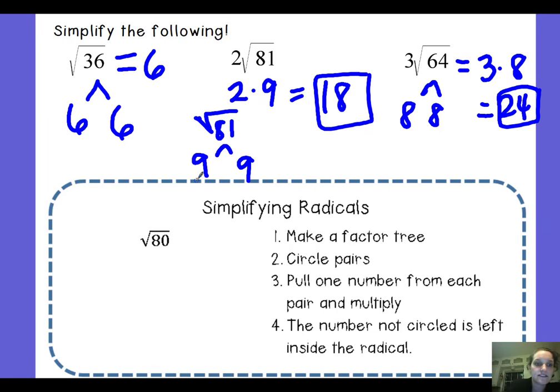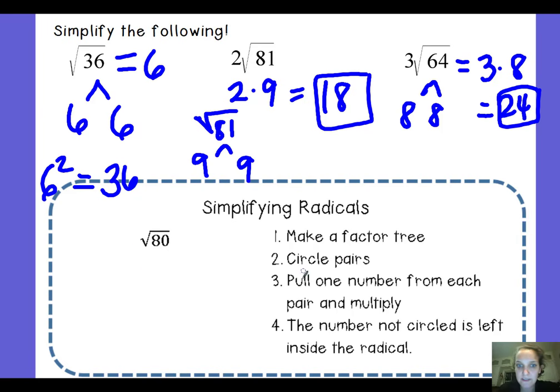So like 6 squared is 6 times 6, 36. 9 squared is 81. 8 squared is 64. The square root is the reverse of that. Instead of multiplying something by itself, you're rooting it. You're undoing the square. So I'm looking for these pairs, two factors that are the same.